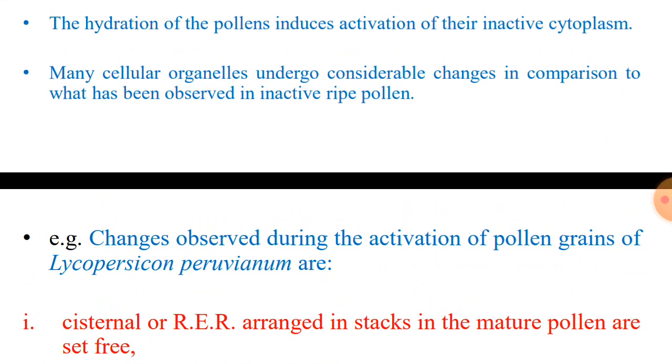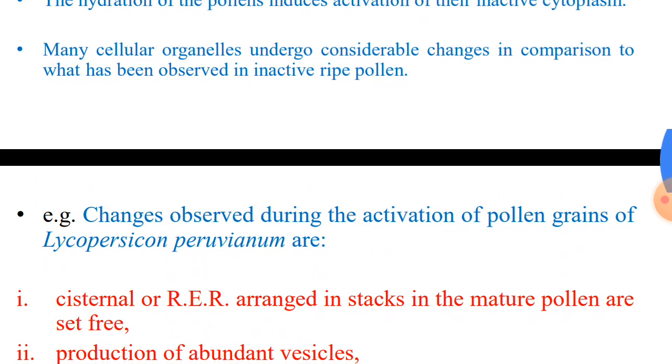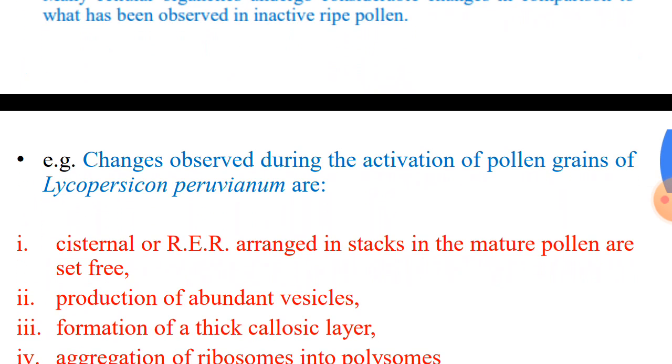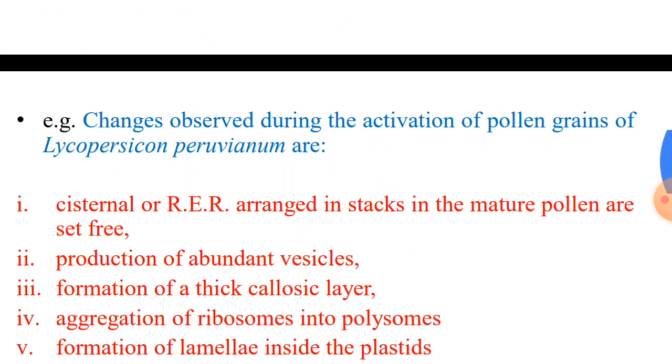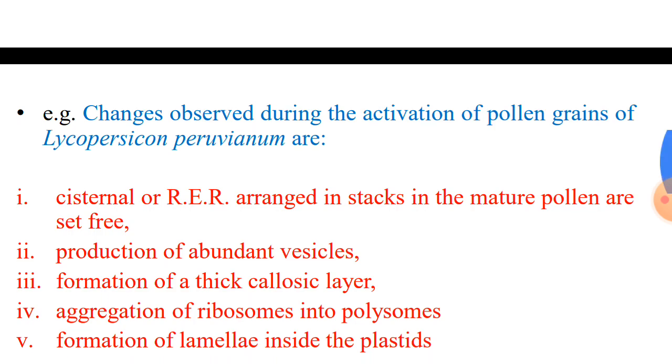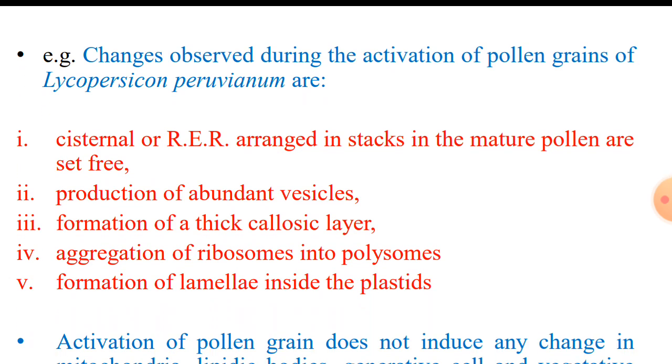Many cellular organelles undergo considerable changes in comparison to what has been observed in inactive ripe pollen. With the hydration, activation of the pollen grains starts, and several changes are observed in the activated pollen grains, as observed in the pollen grain of Lycopersicon peruvianum, which are listed here.